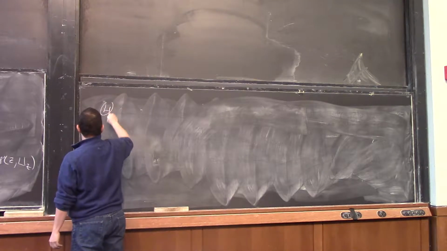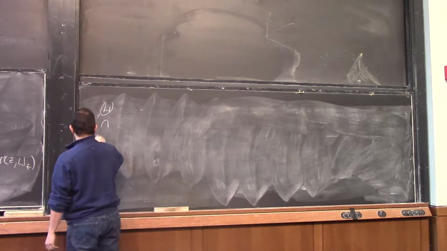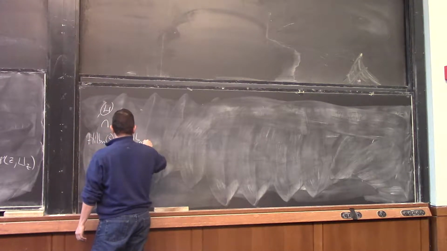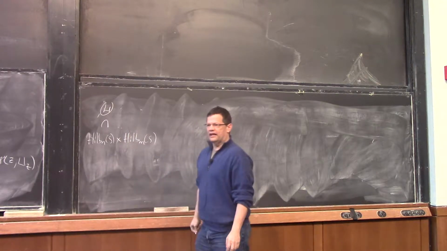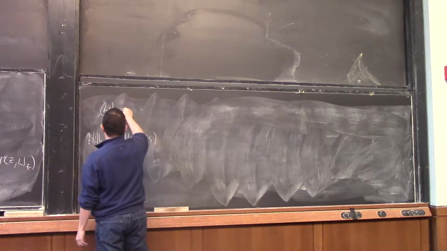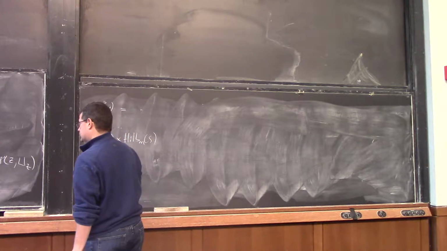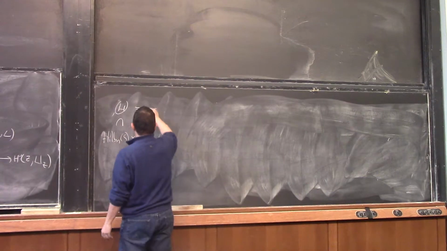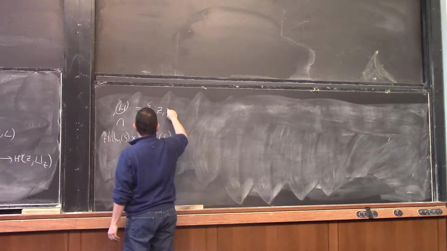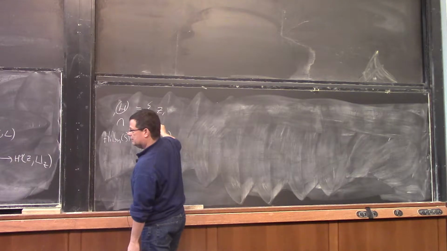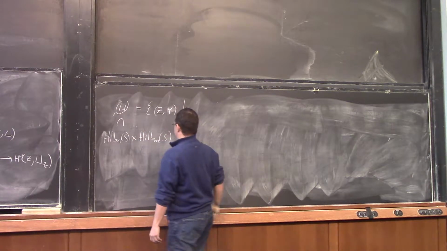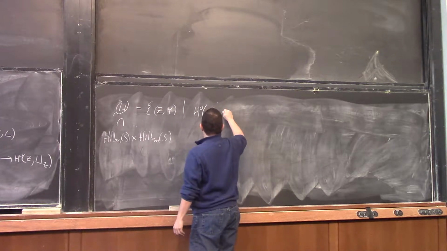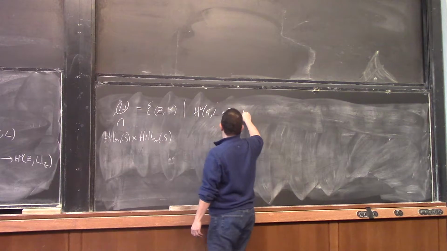I can define some kind of theta divisor inside of Hilb^n of S cross Hilb^n of S. So the theta divisor would be something like, well, we could take it to be the set of (Z, Y) such that H^0 of L tensored with the ideal sheaf of Z, tensored with the ideal sheaf of Y, is not zero.